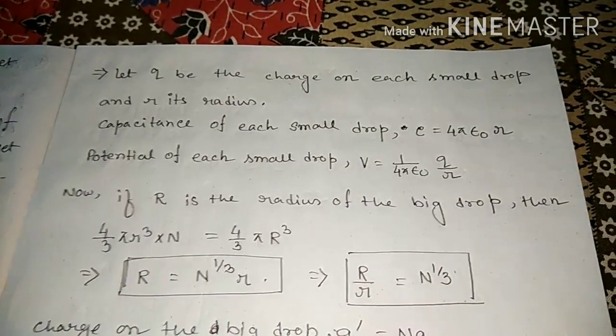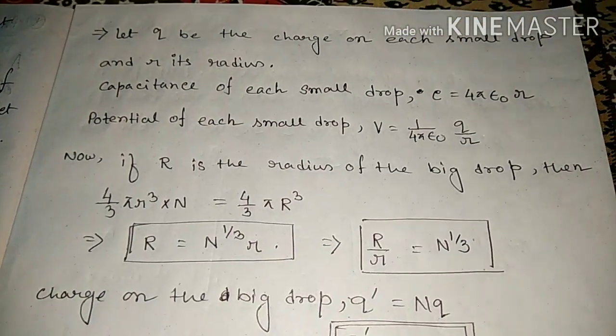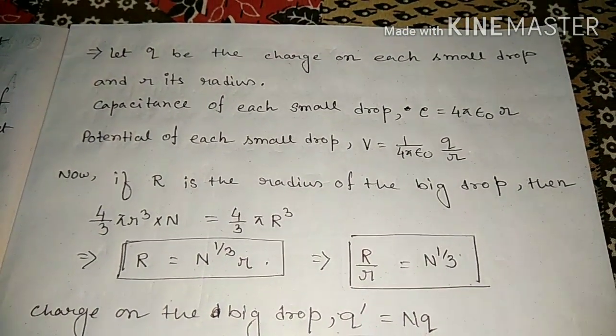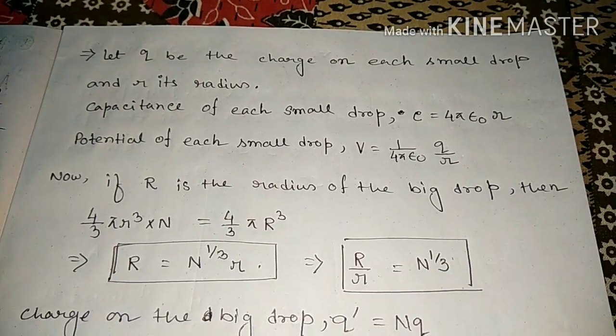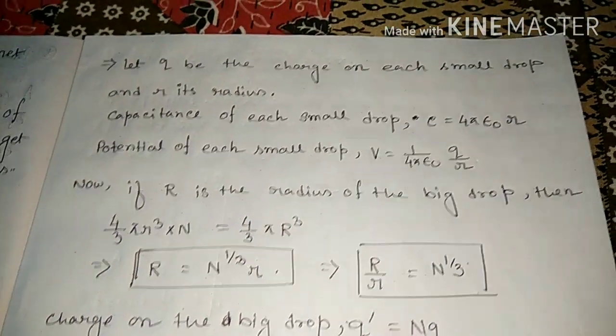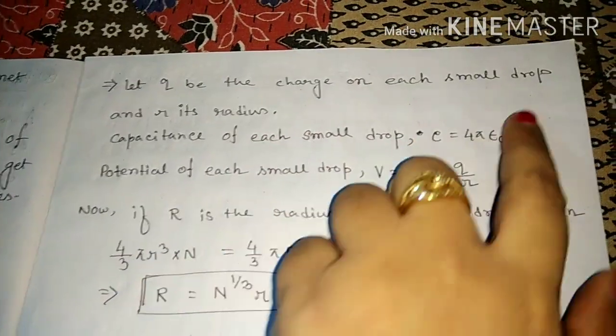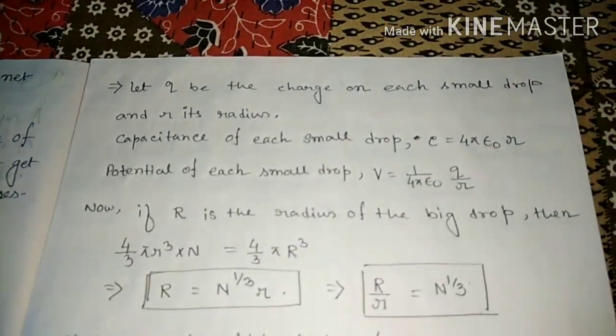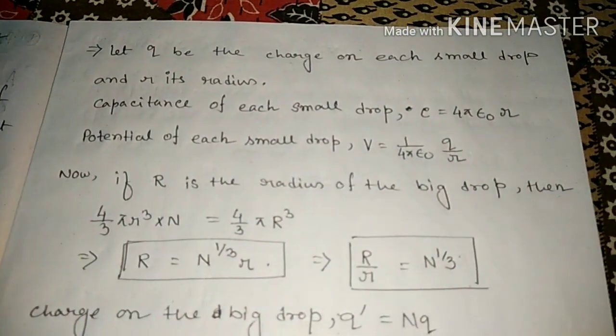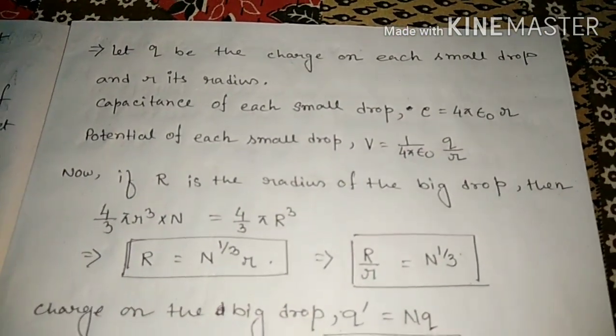Now the potential of each small drop, V equals 1 by 4 pi epsilon naught into Q by r. Here N drops are there, so the capacitance of N small drops is multiplied by N, and the potential is also multiplied by N. This is for each small drop of mercury, capacitance and potential.